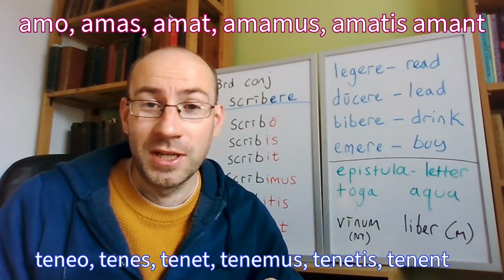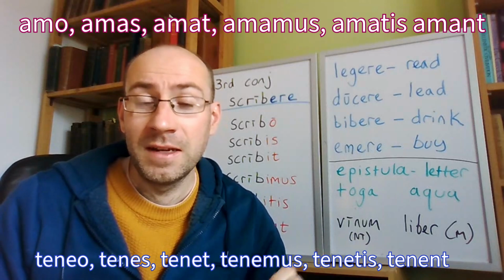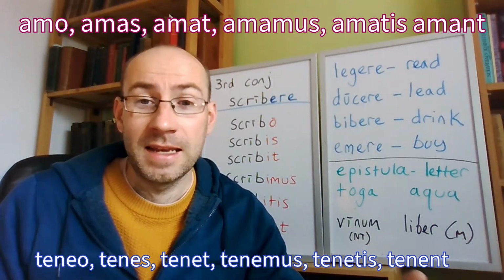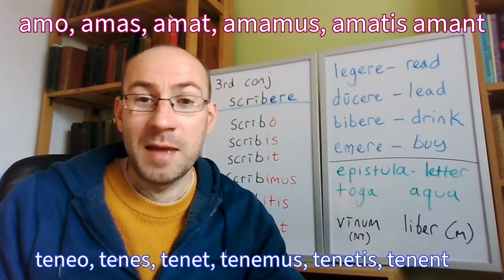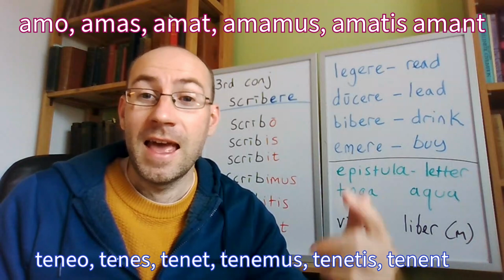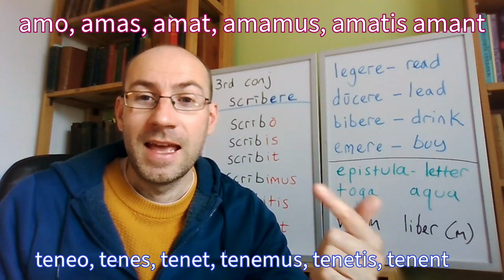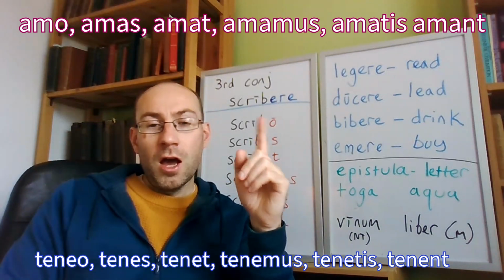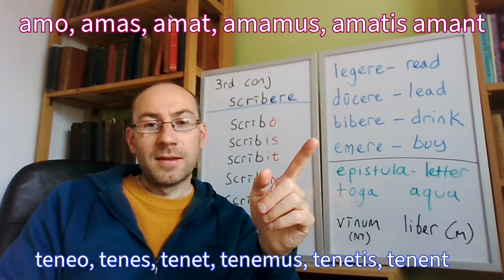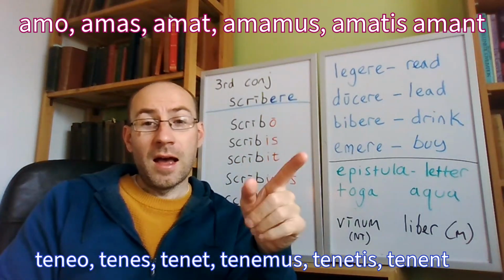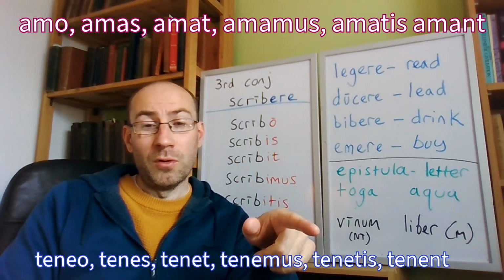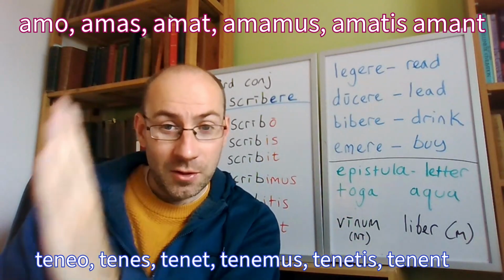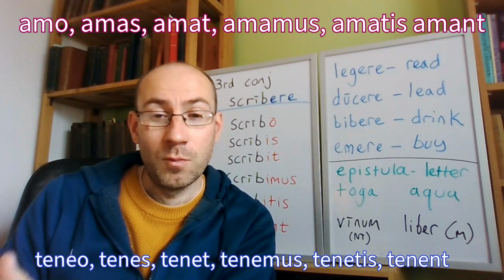Then we did second conjugation, which ends in -ere in the infinitive, such as tenere, to hold: teneo, tenes, tenet, tenemus, tenetis, tenent. So it's eo, es, et, emus, etis, ent. For second conjugation, tenere, habere, videre.